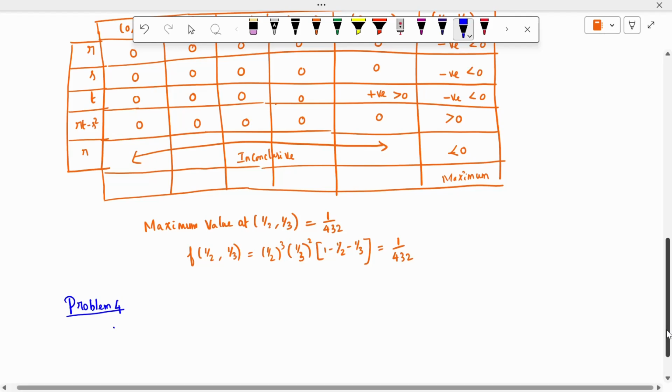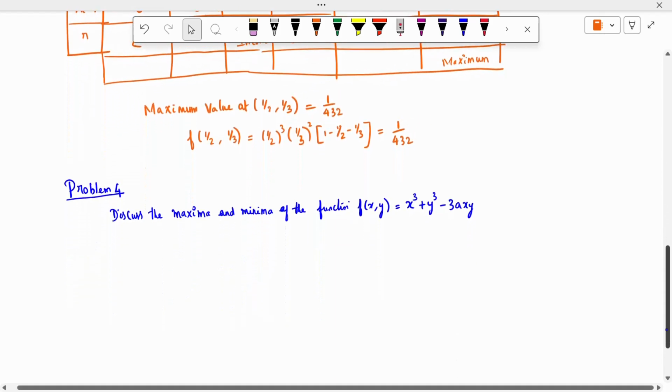In that case, discuss the maxima and minima of the function f of x comma y equals x cube plus y cube minus 3axy. Okay. So how to do it?